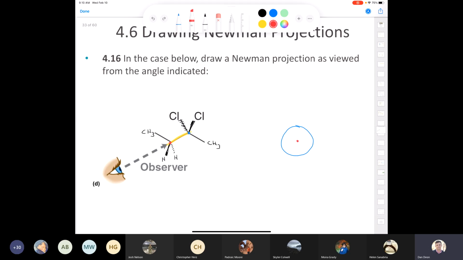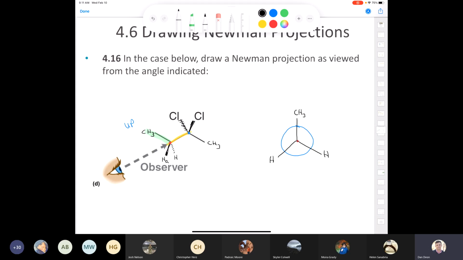Well, everything that's in the plane is everything that's not a dash or a wedge. So we have a methyl group going up, right? This methyl group is pointing up from the person's eye. That tells me that there's a methyl group sticking up like this. What else is attached to that carbon? I have a hydrogen going down to the left, and I have a hydrogen going down to the right.